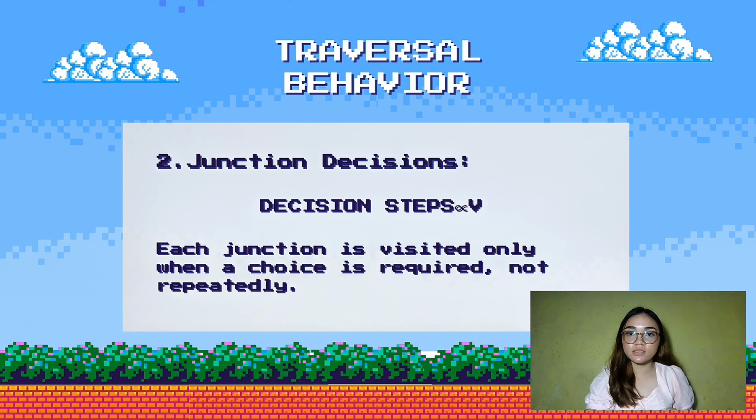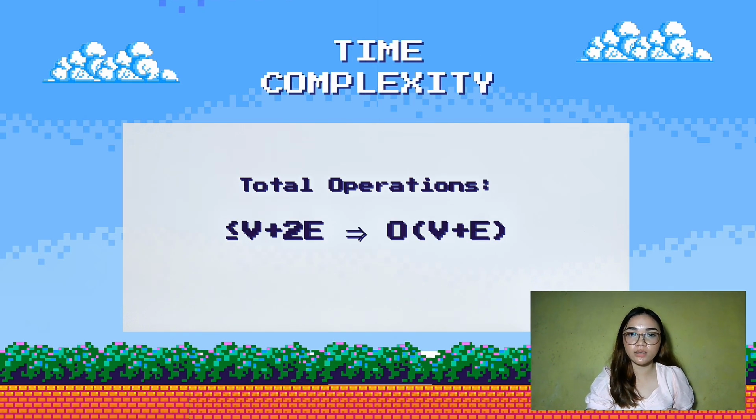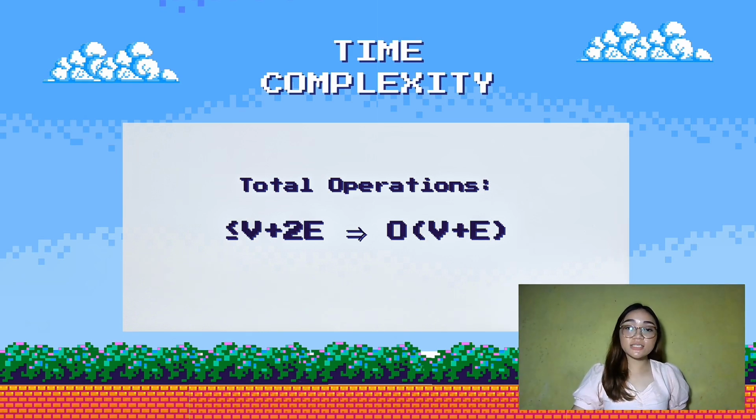Altogether, this gives us a total operation count of V plus 2E, which simplifies to O(V + E) in terms of time complexity. This linear growth means the algorithm scales efficiently with the size of the maze. In practice, this ensures that each path or edge is used efficiently.